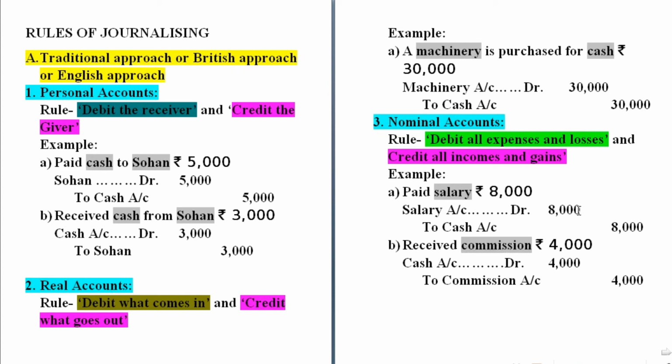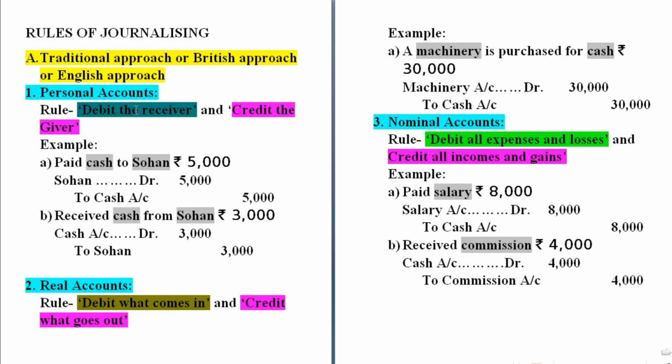Okay, so I was telling you that in personal account there is a representative personal account like outstanding salary, like we have prepaid insurance.